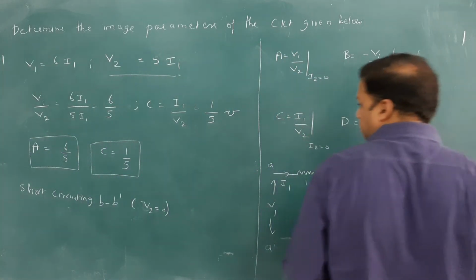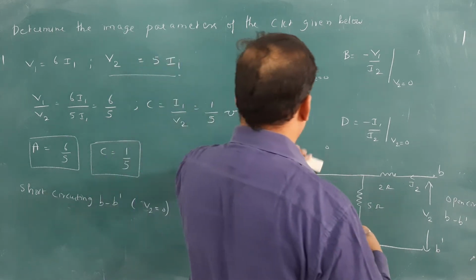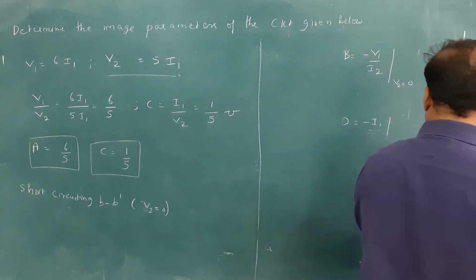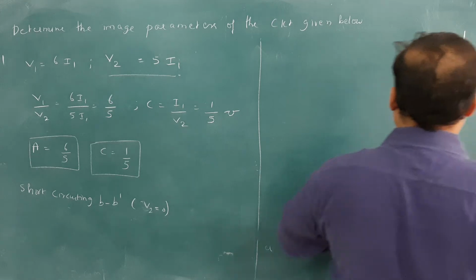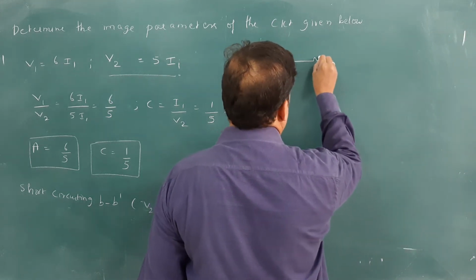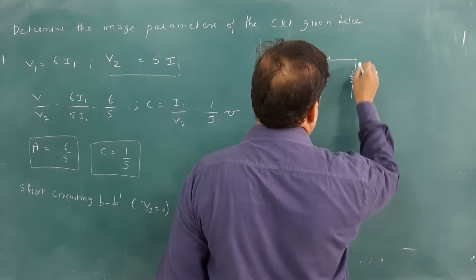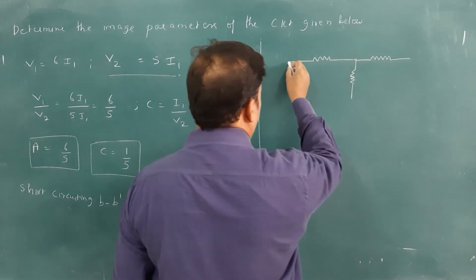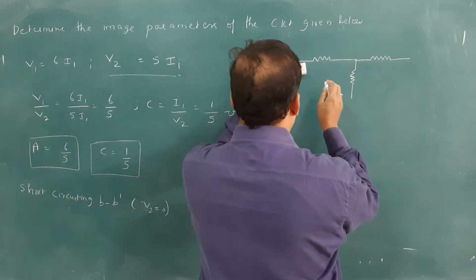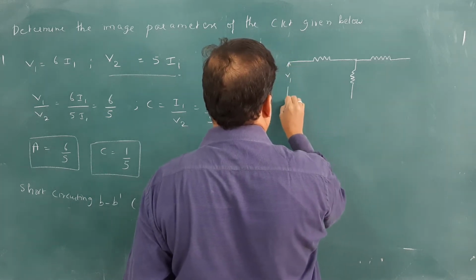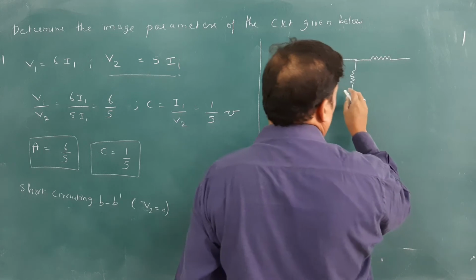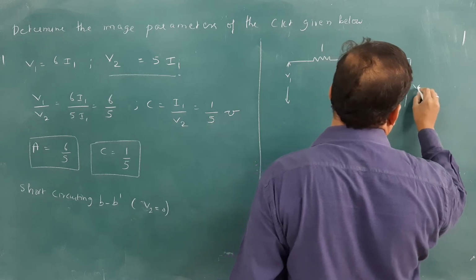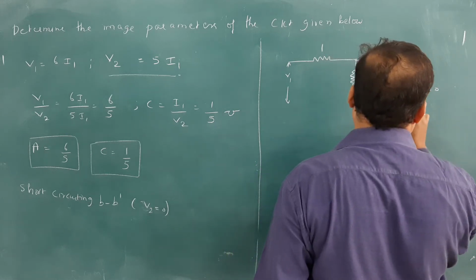Now we will go for BB dash short circuiting. Here V2 is short circuited, so BB dash is short circuited.